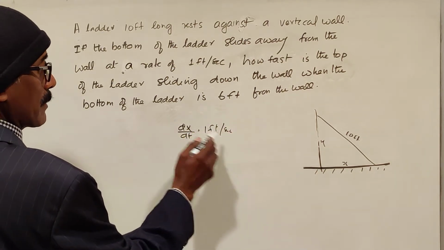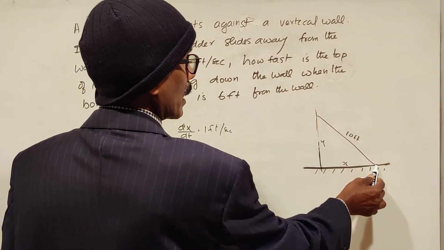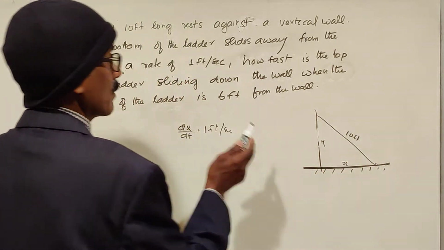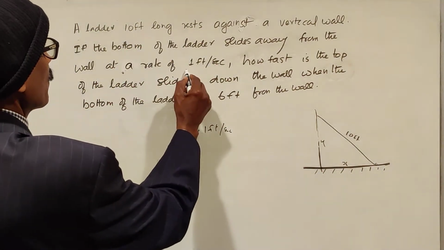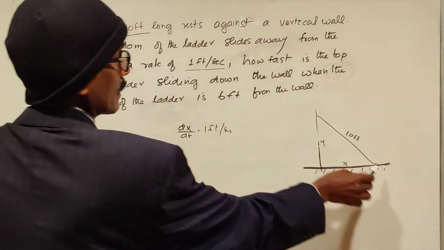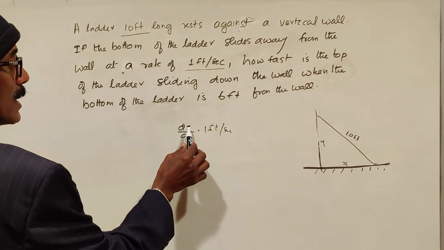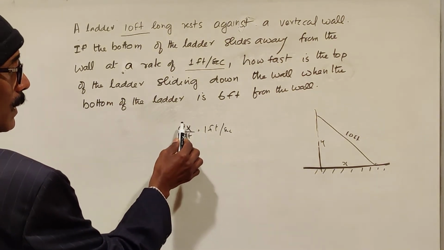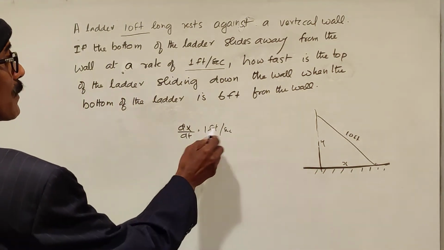Distance by time is speed. Okay, 10 feet is the length of the ladder, and 1 feet per second is the rate of change of distance of the bottom of the ladder from the wall.